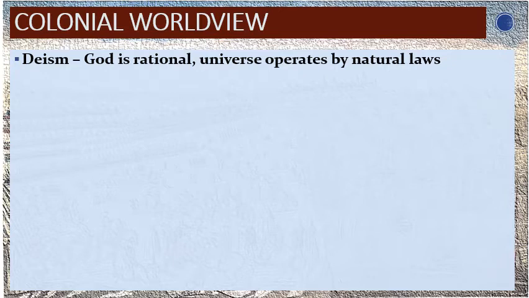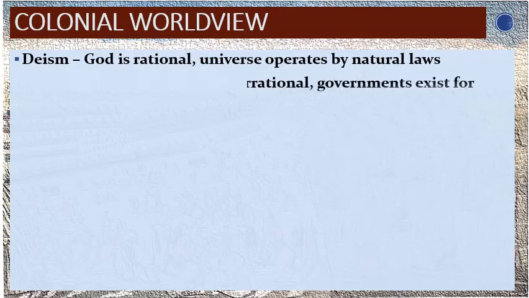One of those is deism, the idea that God is a rational creator who operates the universe by natural law and not by meddling himself in human affairs. He's at a distance, just letting everything run on its own. So the colonists believe a lot in these natural laws, and they think the world should operate that way and people shouldn't interfere with them.